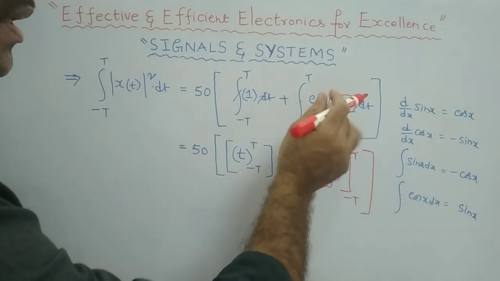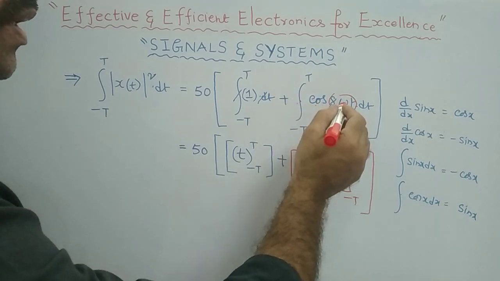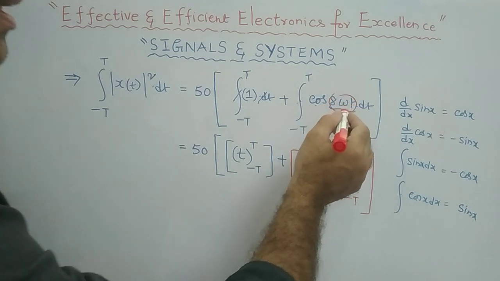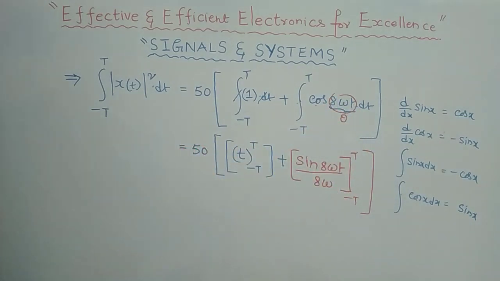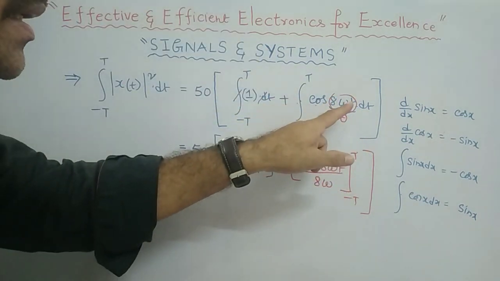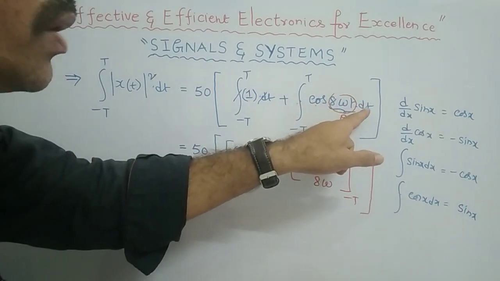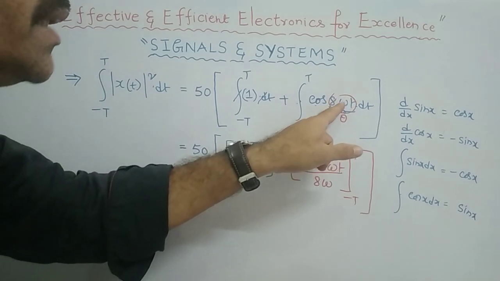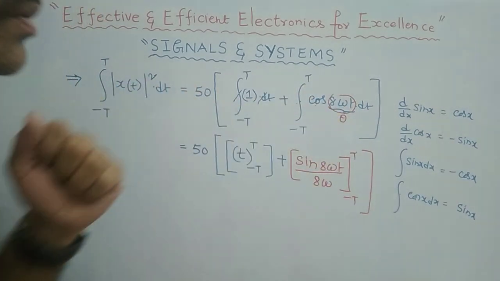Again, if you integrate cos of something, that is sin. For that, the integration will be taken with respect to dt, that's why the t will be out here, becomes 1. This 8 omega comes under the denominator part.